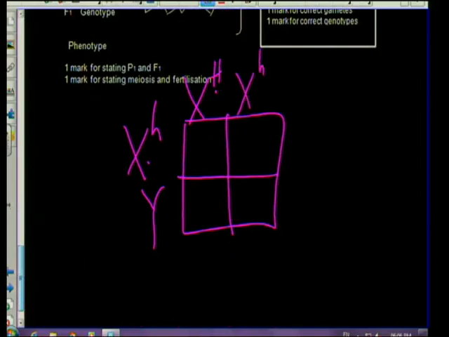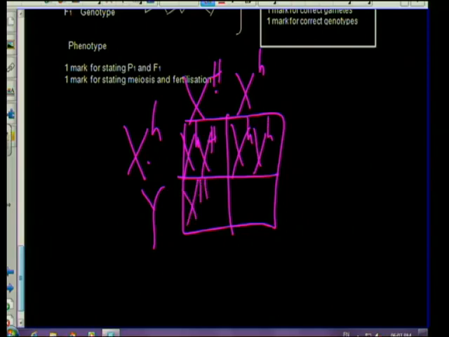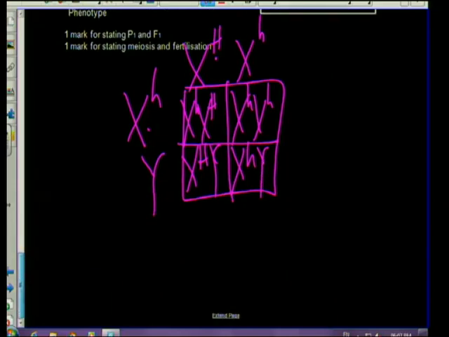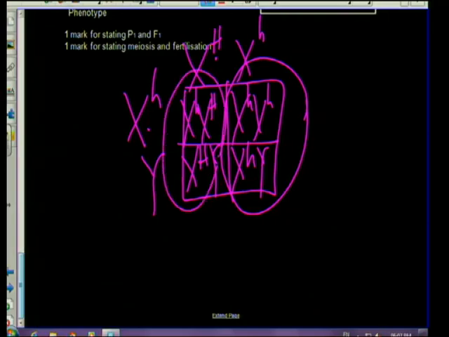X small h, X capital H; X small h, X small h; X capital H, Y; X small h, Y. Look at this combination. If the mother is a carrier and the father is hemophiliac, the chances are 50% hemophilia and 50% normal. And that is 1:1 if we bring it down to its ratio.